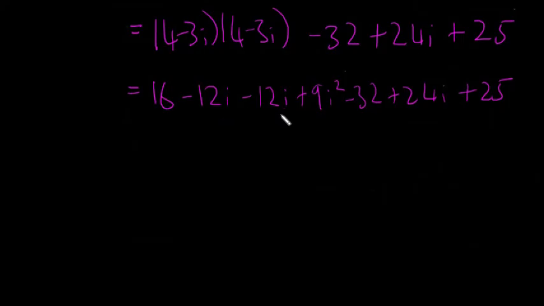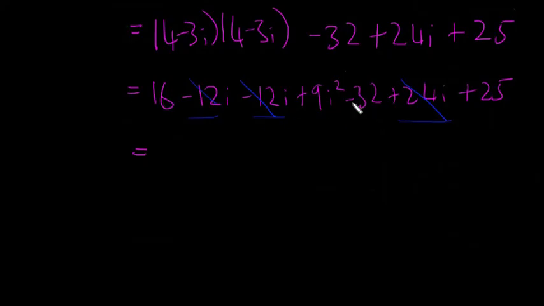We're going to put the i's with the i's and the real numbers with the real numbers. First we have, in blue, minus 12i and plus 24i. Minus 12 and minus 12 is minus 24, and this is plus 24i, so that cancels.